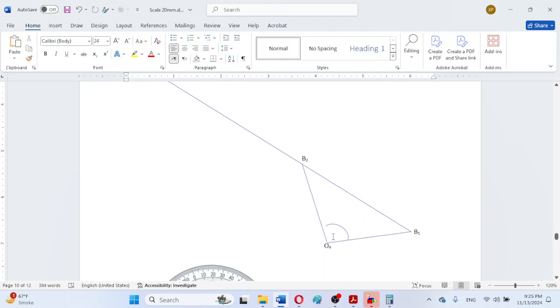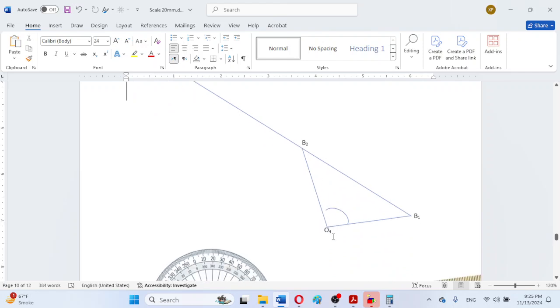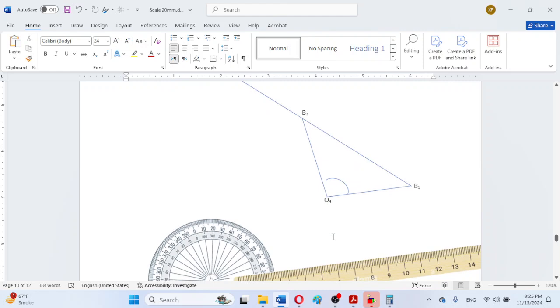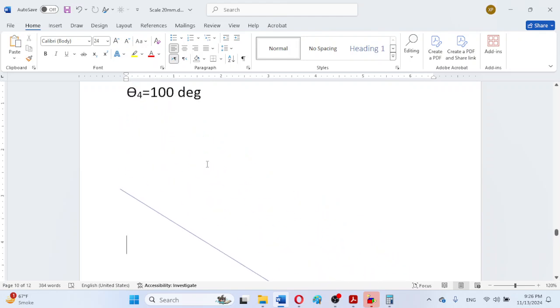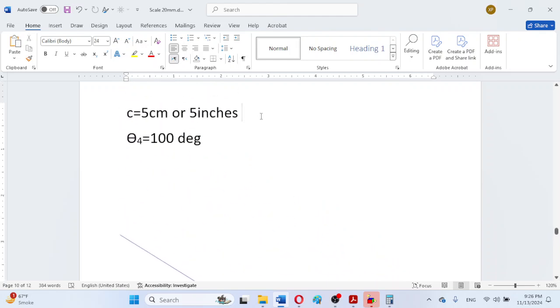So after that, what we will be doing is opening the compass by assuming some suitable size of the coupler or connecting rod link. So here we can assume any suitable size.